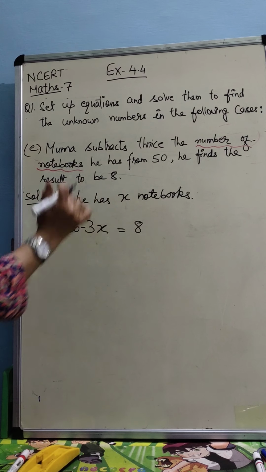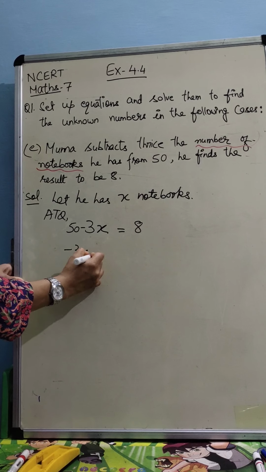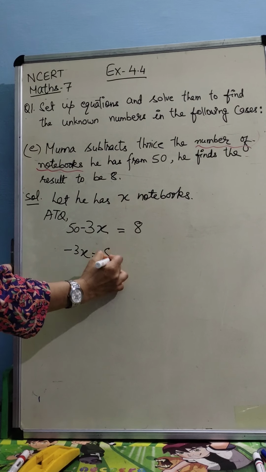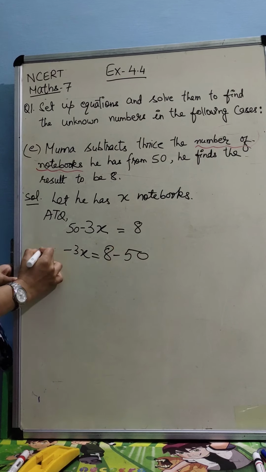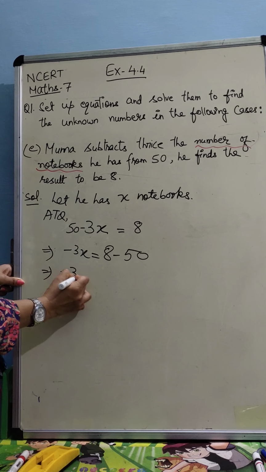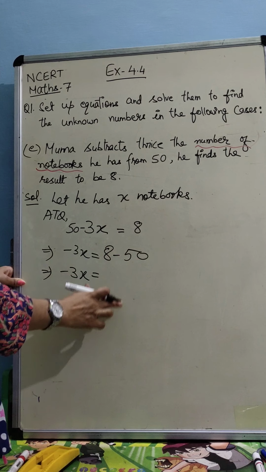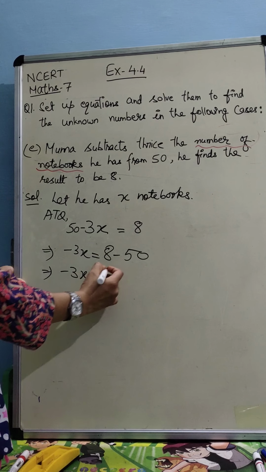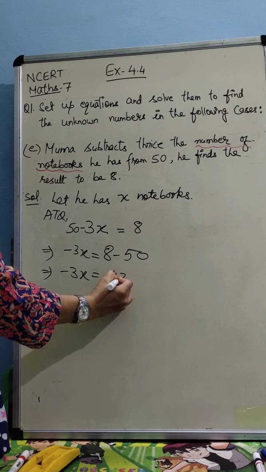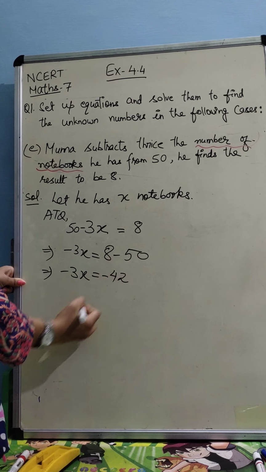This 50 will be transposed, and when we transpose it, it will become minus 50. Okay, so we have 8 minus 50. Plus minus is minus. 50 minus 8 is how much? 42. Minus 42.